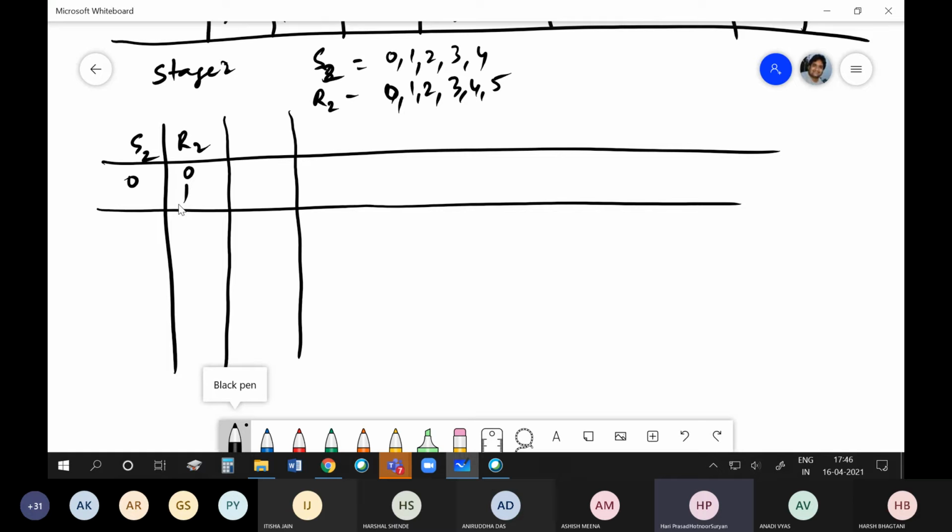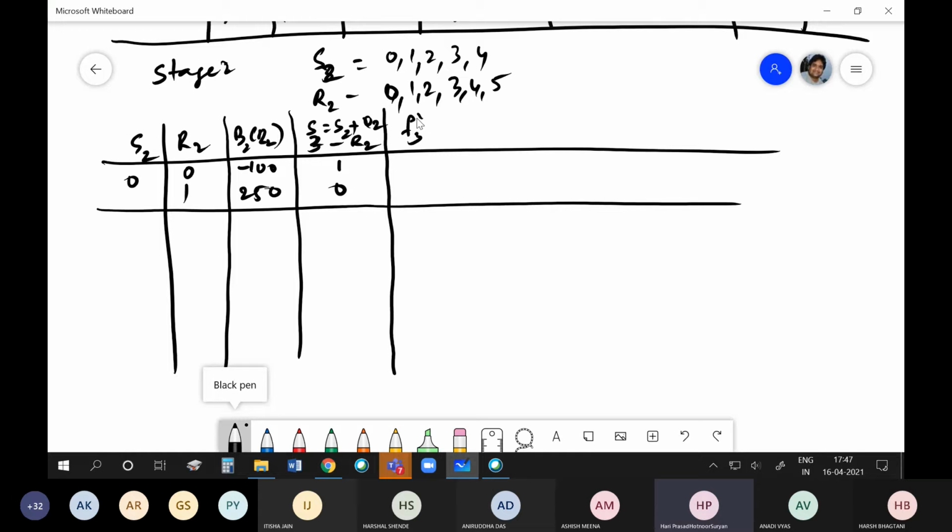So B2 of R2 is minus 100 and 250. Then S3 will be S2 plus Q2 minus R2, isn't it? So that will be 1 or 0. Now let us write this is S3.